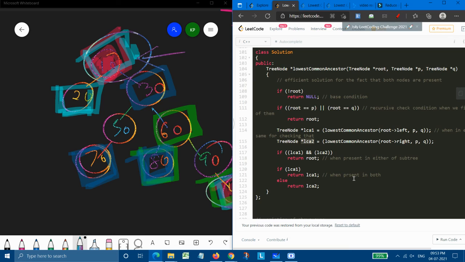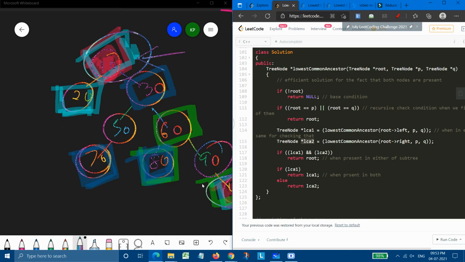And after that, we could check for other three conditions, that is LCA1 and LCA2. Both of them are present. Means when either of them is present in a particular subtree, that is 70 and 80, at that moment, we'll simply return the root.